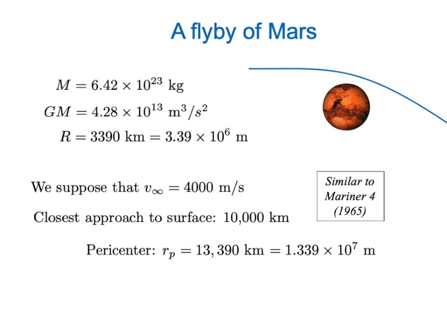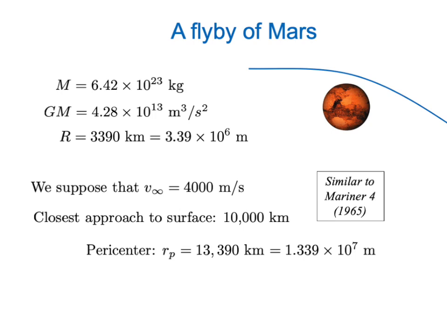And the closest approach to the surface of Mars is about 10,000 kilometers, which means that our paracenter radius is that plus the radius of Mars, 13,390 kilometers. Actually, these particular values are quite close to the real values for the Mariner 4 encounter. You'll remember Mariner 4 was the first successful flyby mission past Mars, in 1965.